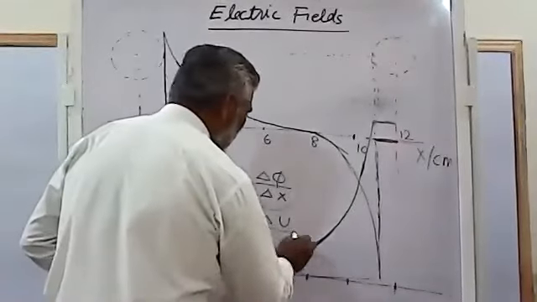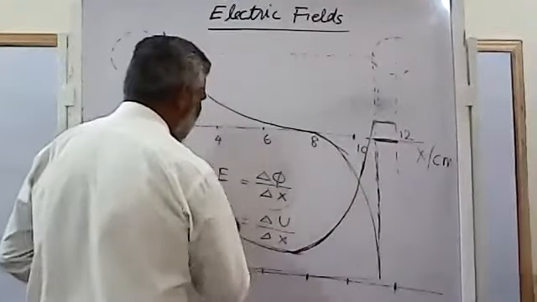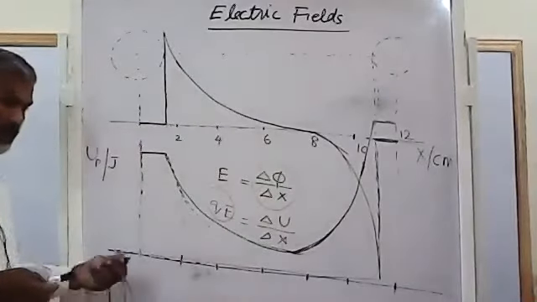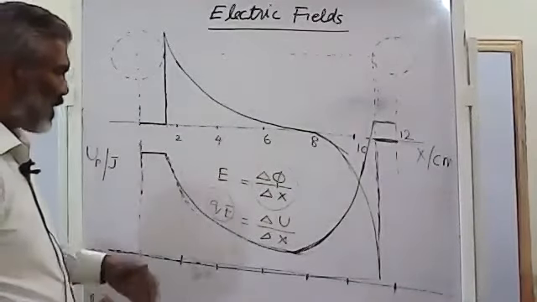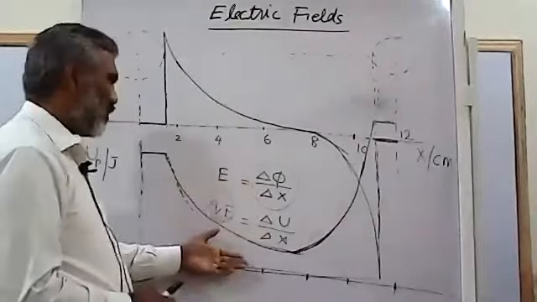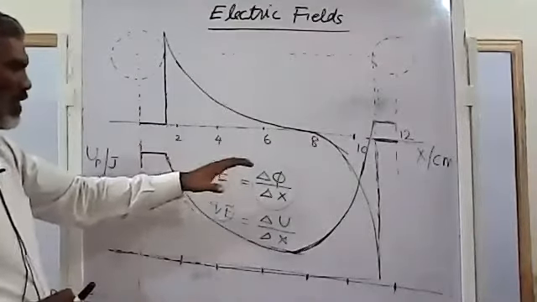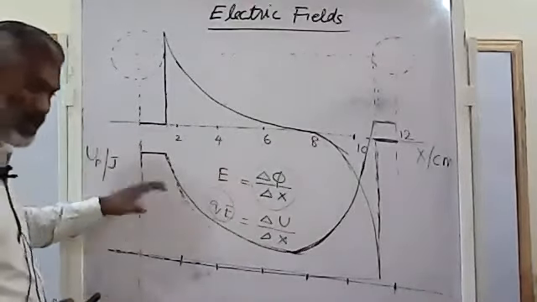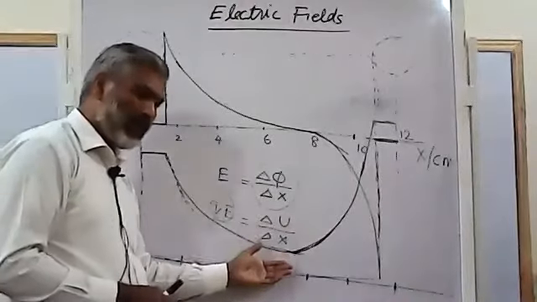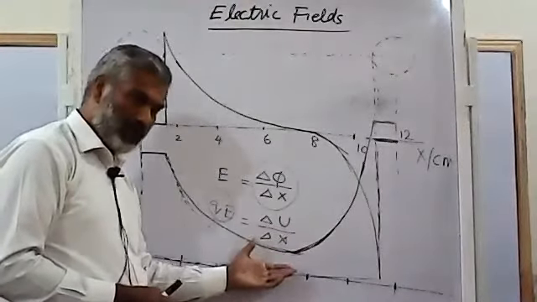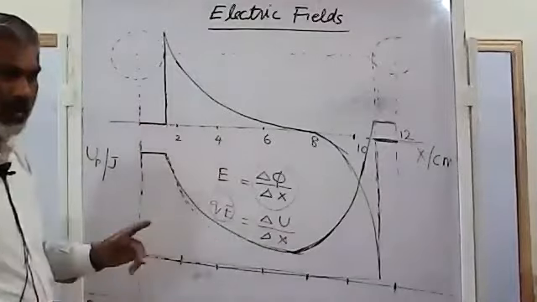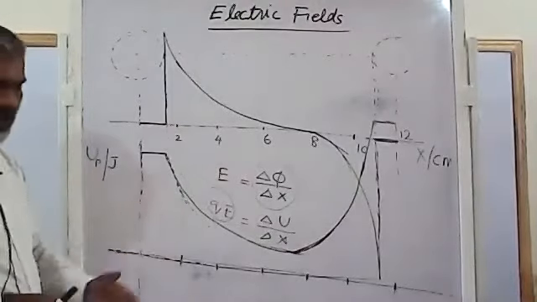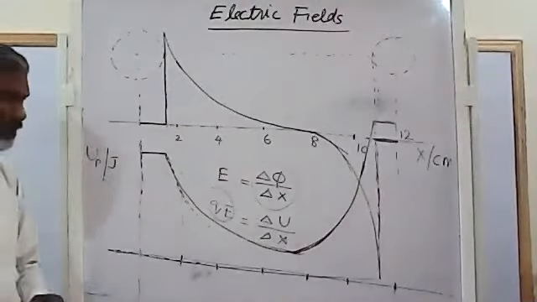So rate of change of potential energy is force. So this is also a part of various questions, because instead of potential varying, you are studying the potential energy varying. Now if you take the gradient of it, the rate of change of it, the quantity is not electric field, it is force. So I hope you understood the idea.